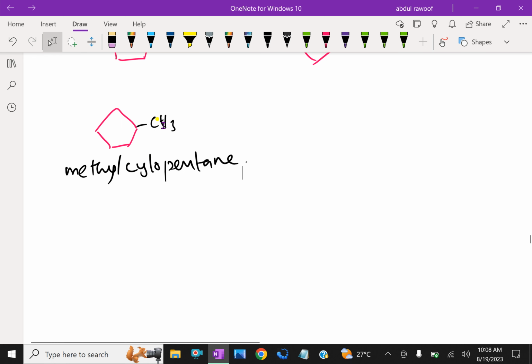Since methyl is a chain, the main parent is cyclopentane.